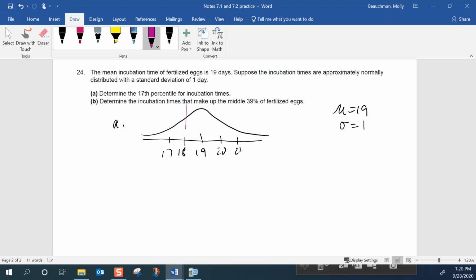That means I have an area of 0.17. So I want to find the incubation times for an area of 0.17. So I'm going to use inverse normal, 0.17, with a mean of 19 and a standard deviation of 1.